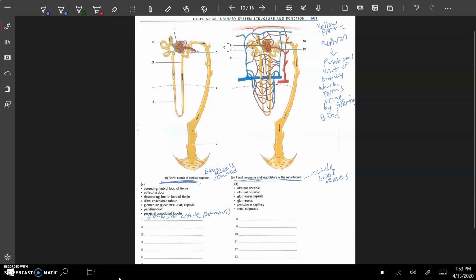I like to say Bowman's capsule only because I think it gets to be a little bit of a tongue twister. Then we have the first part of our nephron that is going to do some reabsorbing of substances, and this is going to be our proximal convoluted tubule. So I'm just going to go ahead and say PCT, proximal convoluted tubule.